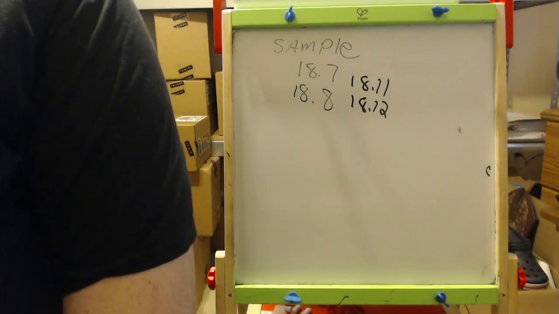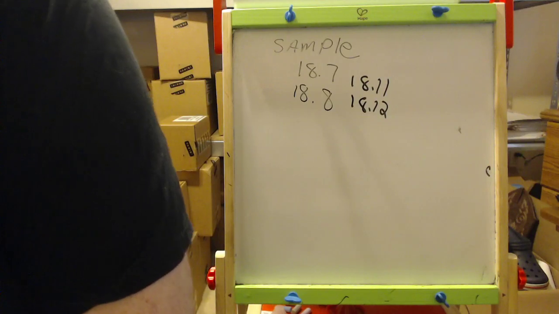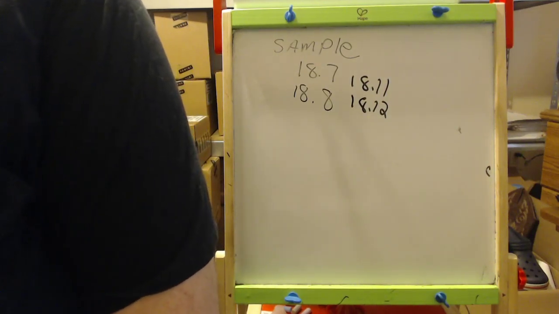In the book. Where are my weak acid ones? Here we go.